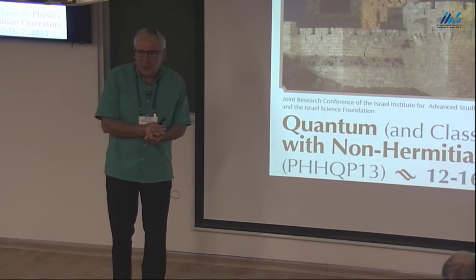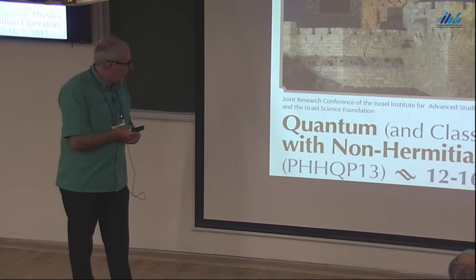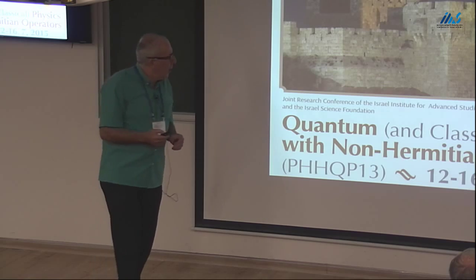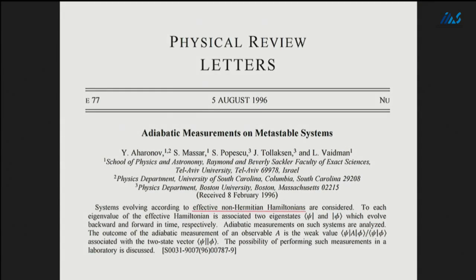Essentially, it was kind of an accident that I'm here because I saw the title, Quantum and Classical Physics with Non-Hermitian Operators. About almost 20 years ago, Yakir Aharonov and myself had two works in which we were getting these non-Hermitian Hamiltonians.